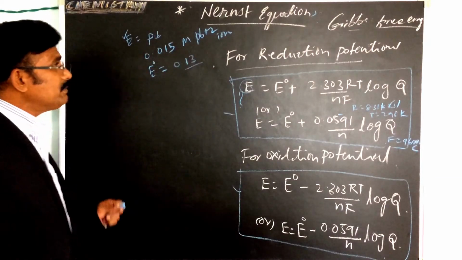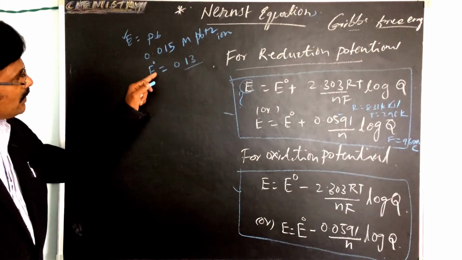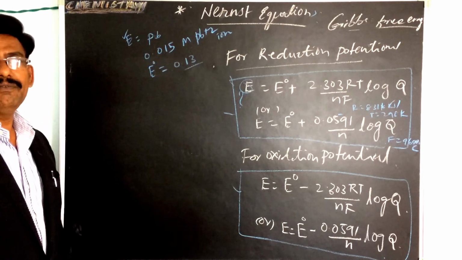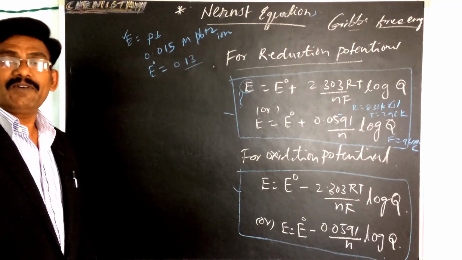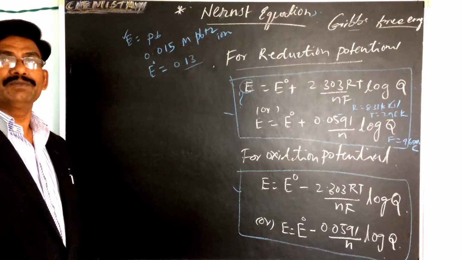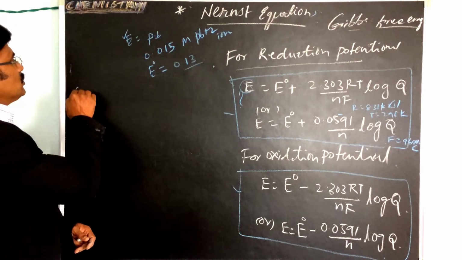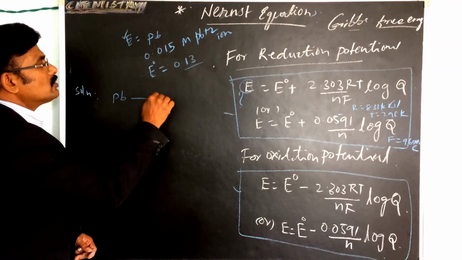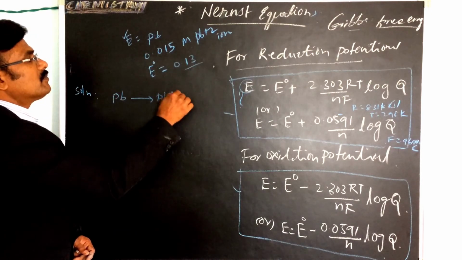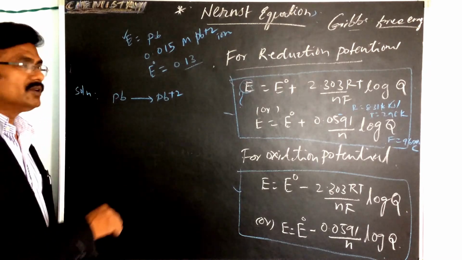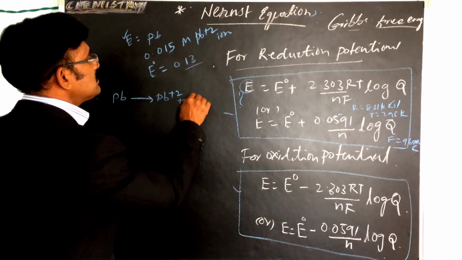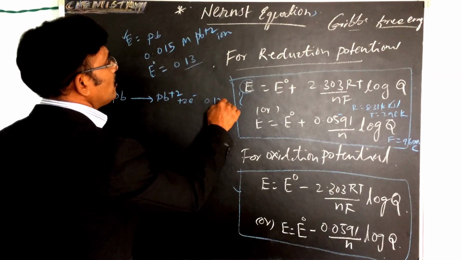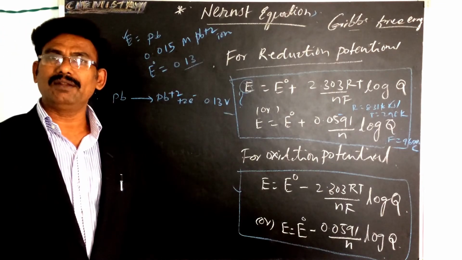The solution is very simple. Now you know these values. First of all, you write the equation. Lead goes to lead plus 2, meaning 2 electrons. What is the standard value? 0.13 volts.